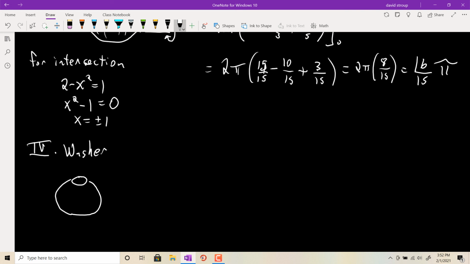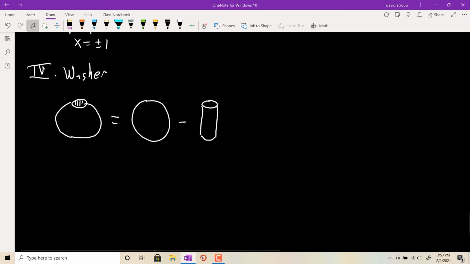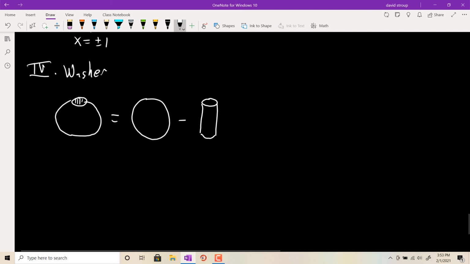To figure out the volume of that, what you're going to need to do is just find the volume of the ball bearing and then subtract away the volume of the hole. Okay, so that's going to be our idea here.